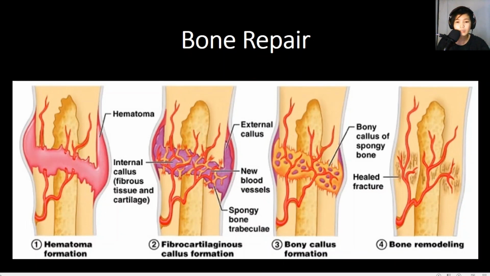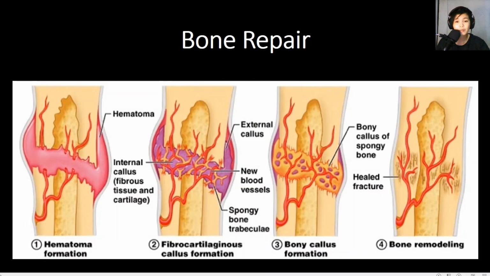Then the soft procallus is invaded by regrowing blood vessels and osteoblasts. In the next few weeks, the fibrocartilage is gradually replaced by trabeculae of primary bone, forming a hard callus throughout the original area of the fracture.